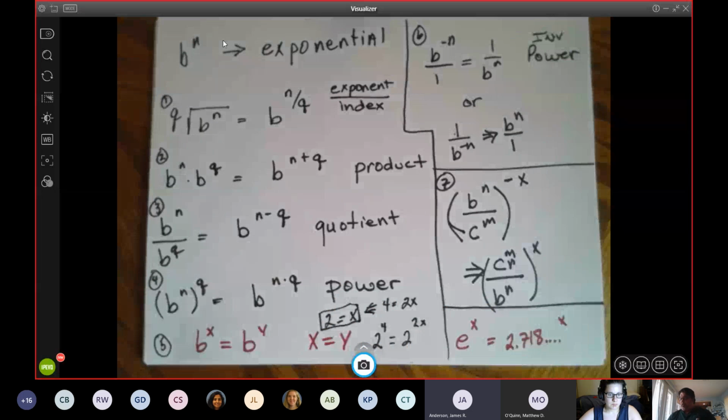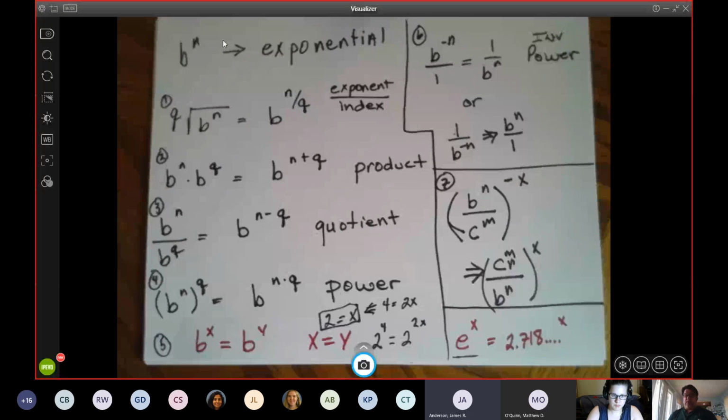Okay? This one people forget, and they also forget it in logarithms. People see that e to the x, and what is y'all's automatic reply to e to the x? What do y'all do when y'all see e to the x on a test?